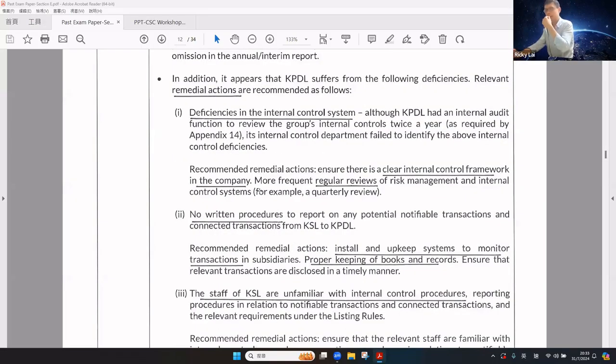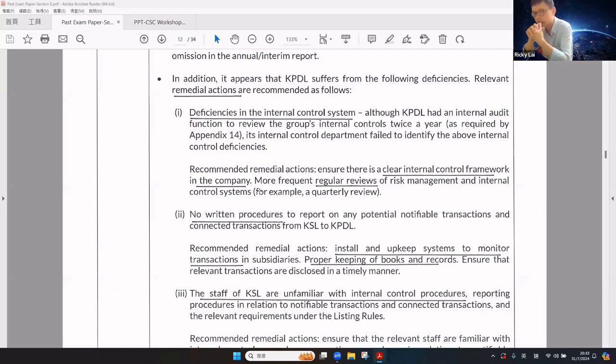There are some recommended remedial actions, ensuring that there is a clear internal control framework in the company. And the board should also invite the internal control managers to have a more frequent regular review of this risk management and internal control system. For example, a quarterly review.